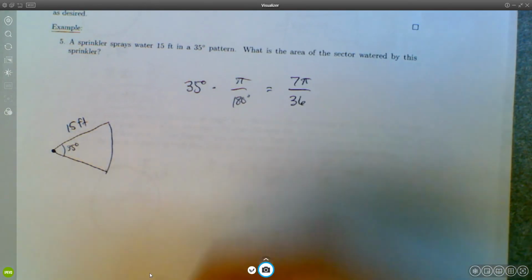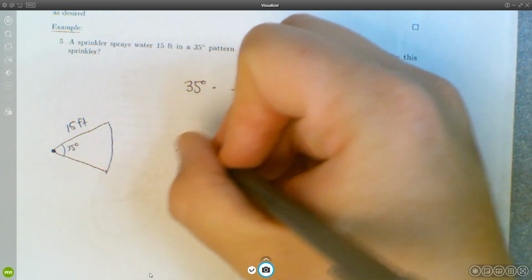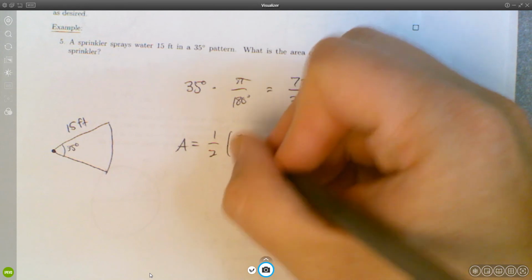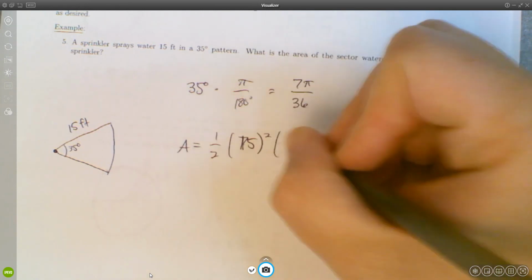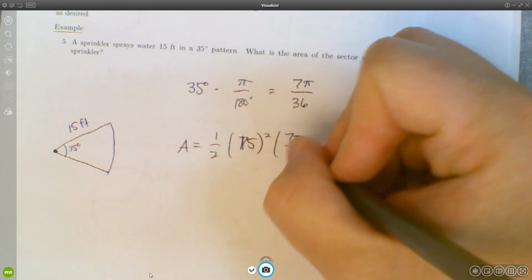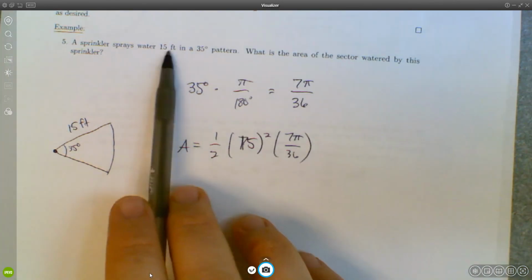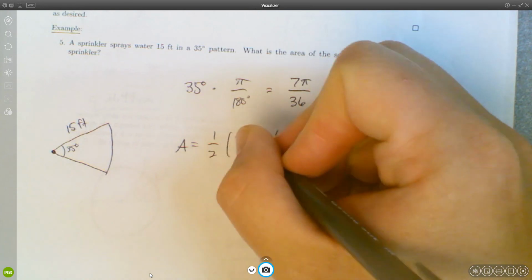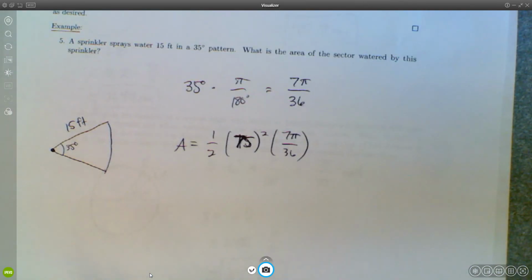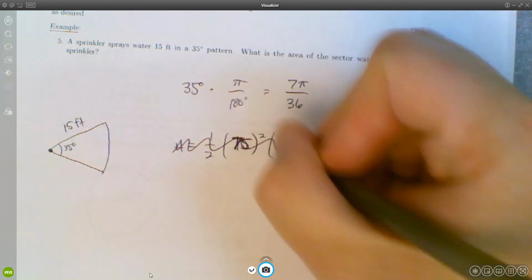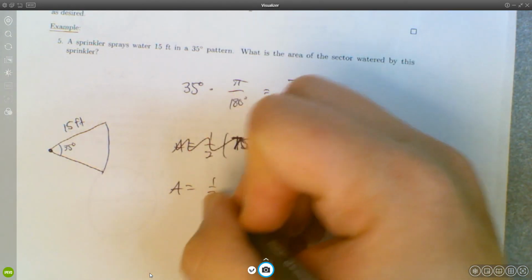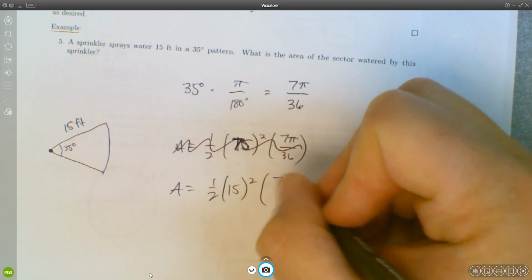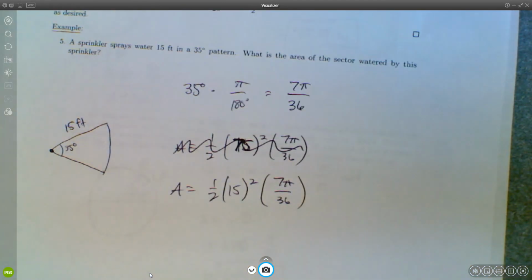radians. So the area of the sector is 1/2 r squared times theta. And we'll go ahead and round this to 2 sig figs. So I'm going to pop this into my calculator. Let me write this again: A is 1/2 r, r is 15, squared, theta. There we go.